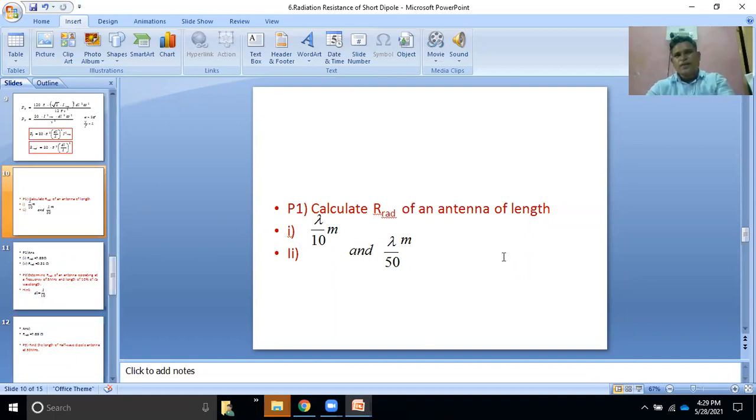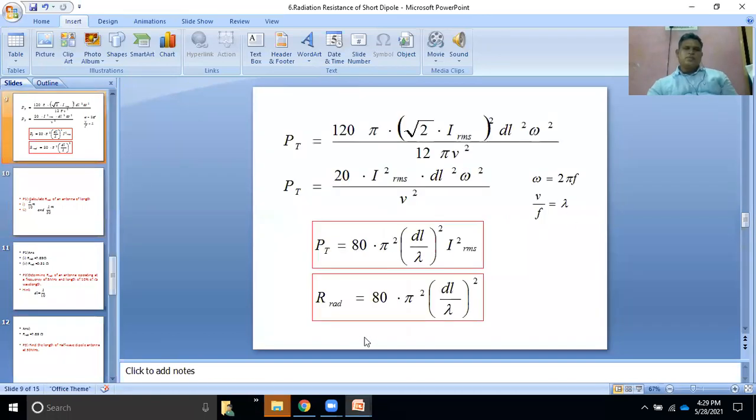Substitute here and find out. Dear students, please solve and let me know the answer. We have to remember this expression: RRAD is equal to 80 pi square DL by lambda whole square.